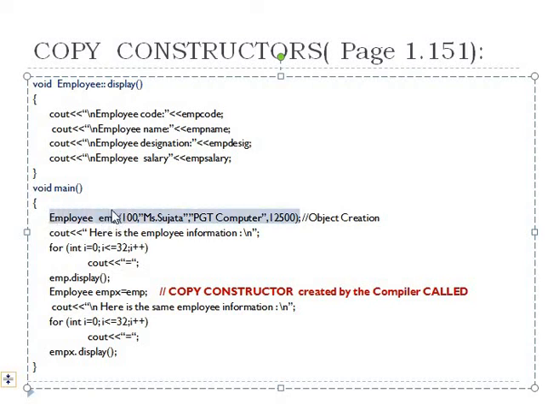The first statement creates an object identified by the name EMP out of this class known as employee. Now these are the initial values passed through this object EMP, and it will be passed into the parameterized constructor.